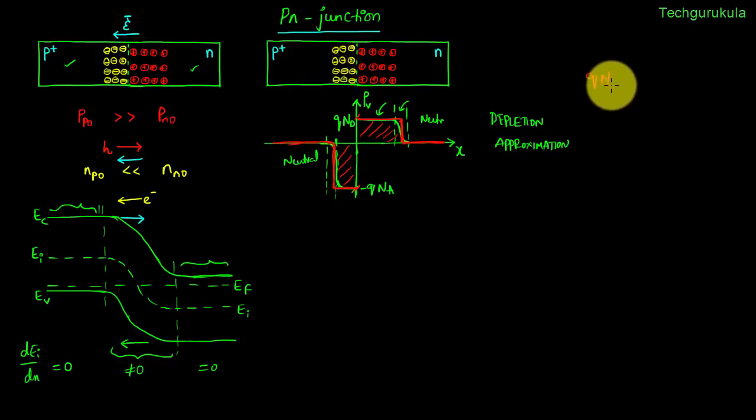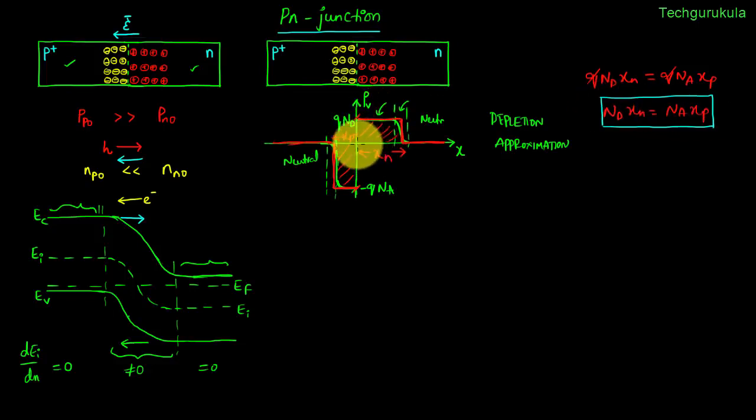Q times Nd times the width here, let's say Xn, representing the depletion width on N side, should be equal to Q times Na times, let's say, the width on P side, Xp. Q cancels, so we can write the expression Nd Xn is equal to Na Xp.